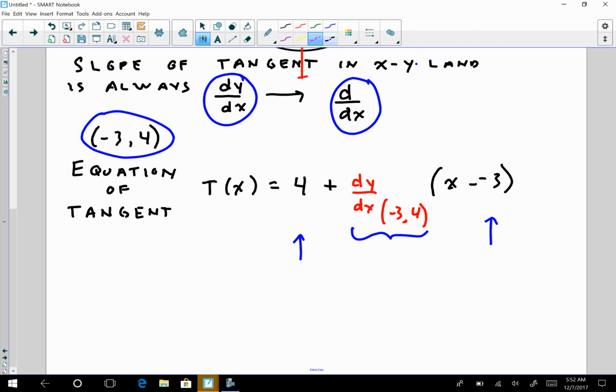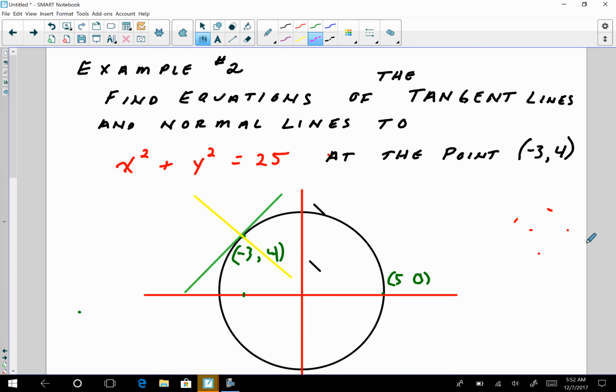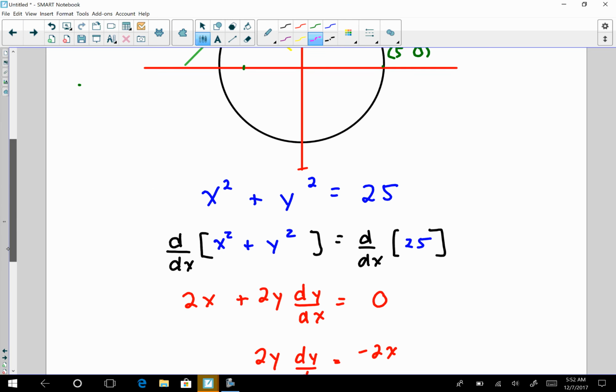This is something that should be in our toolbox, the equation of a tangent line. So let's find this rascal by first finding dy dx. Let's go to the next slide. I think down below here we have some analytical work. We do.